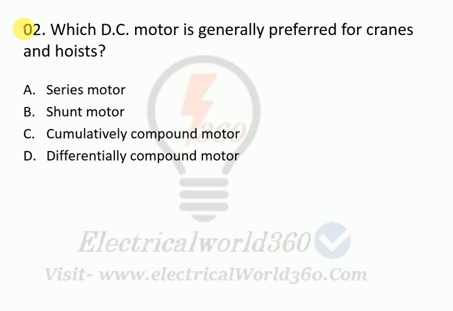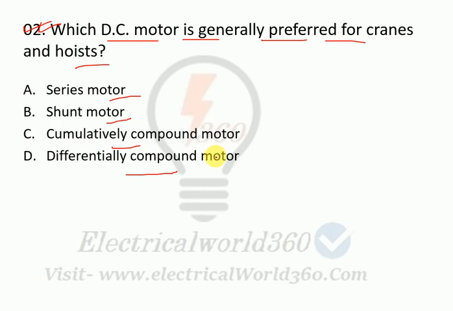This is question number 2. Which DC motor is generally preferred for cranes and hoists? Series motor, that is DC series motor, DC shunt motor, cumulatively compound motor, or differentially compound motor. As we know, cranes and hoists require high starting torque.